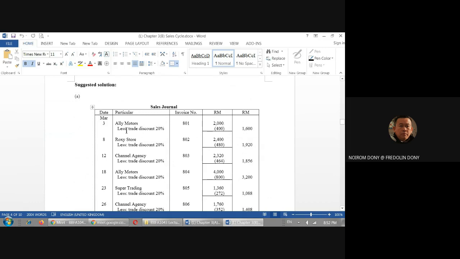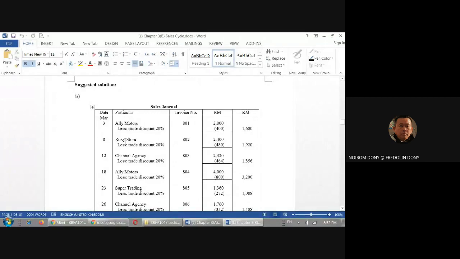Then you put the gross amount before the trade discount, 2,000, and less 400. So determining the trade discount amount, no problem. How do we get 20%? 0.2 times 2,000 is 400. Then the net amount you put in the net column, 1,600.